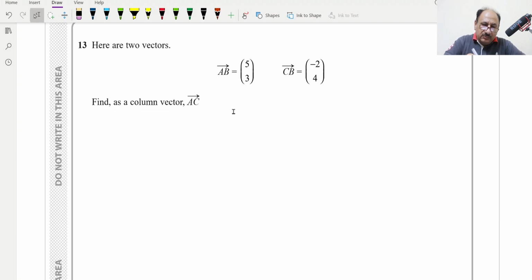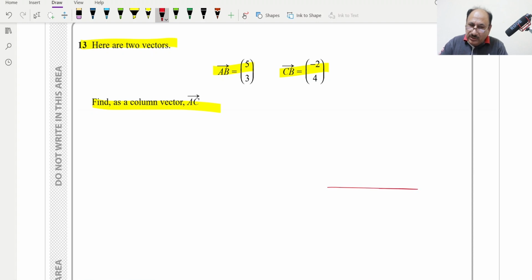Now question number 13. Here two vectors, AB is given, CB is also given, and we have to find AC. To understand this one, we can first draw the two vectors. One is AB, so consider this is the AB vector.